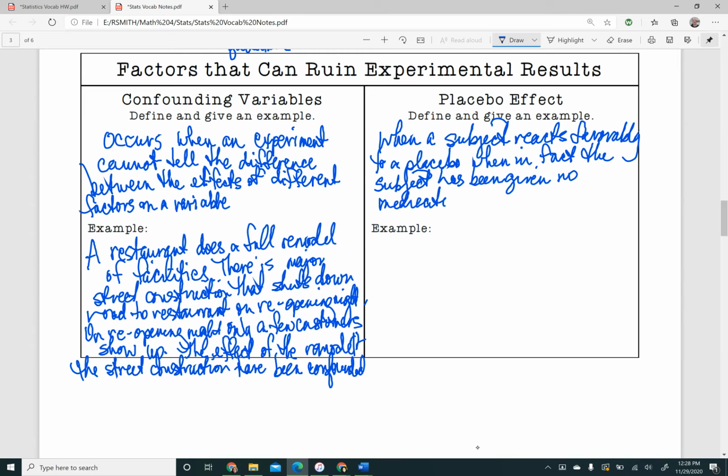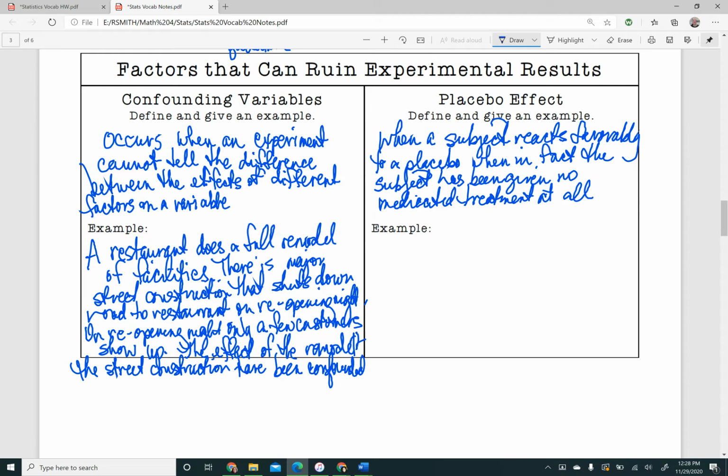That's what a placebo is. It's basically like a sugar pill. So some studies have what they call placebos. So they give some patients the real drug and some patients a placebo, which is basically a sugar pill. And they try to see the difference between them.